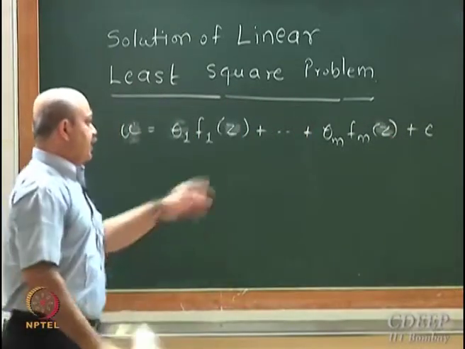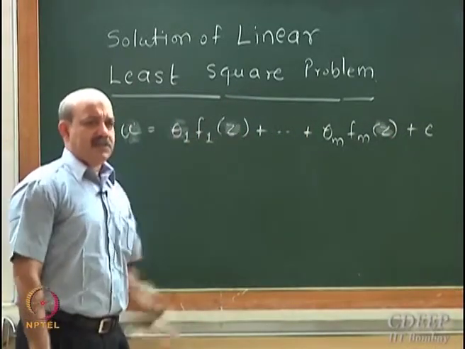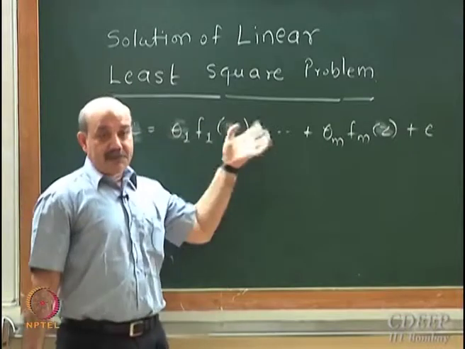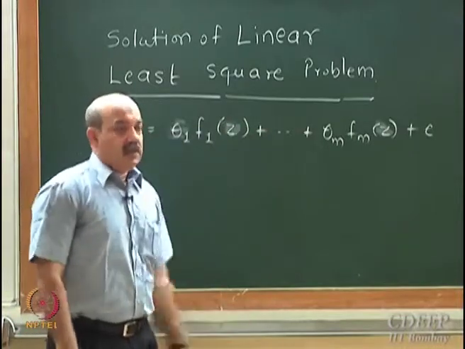Okay, so z is the independent variable, it could be anything, in this case it need not be space, it could be any independent variable.